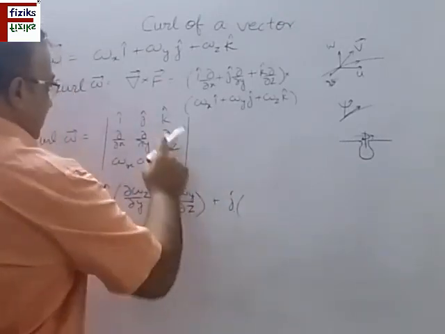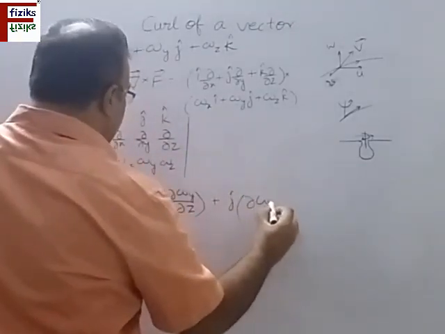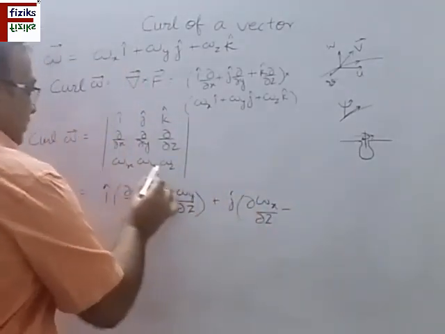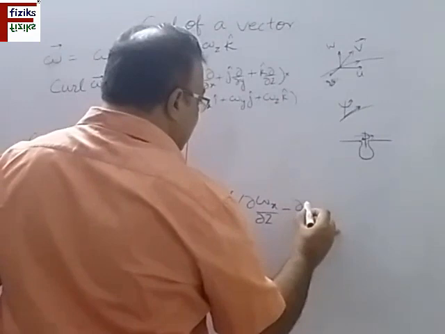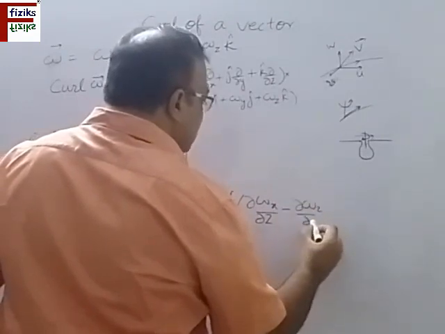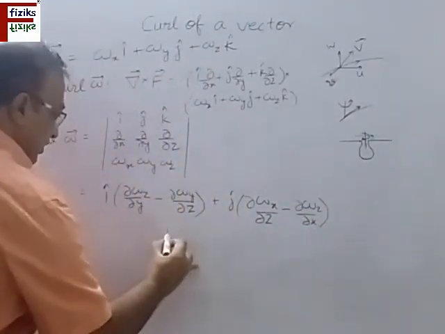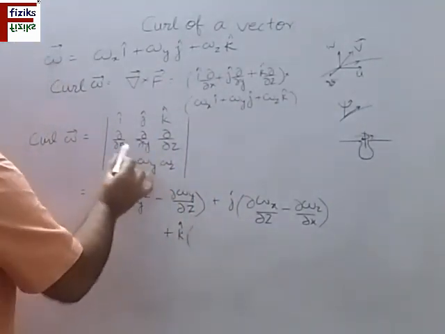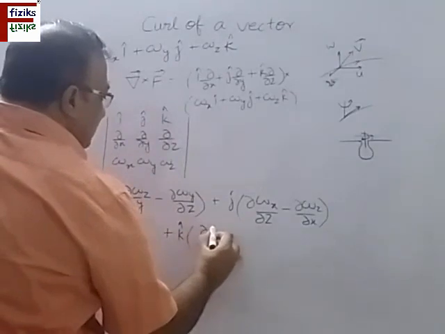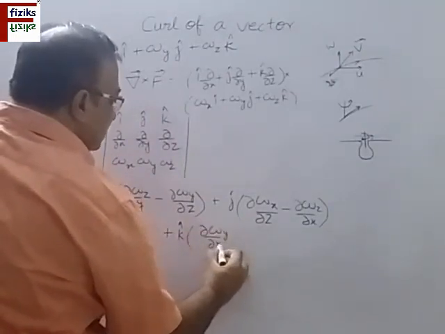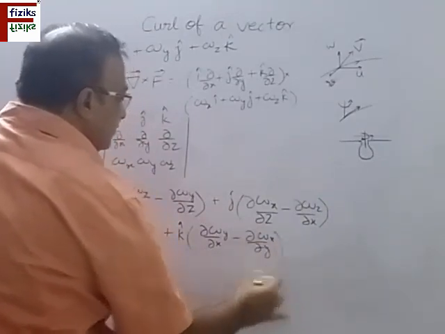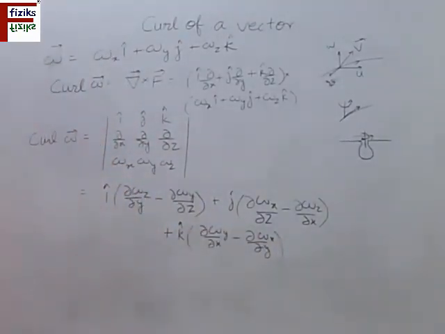So if I write plus, I can write del omega x by del z minus del omega z by del x, and the third term is k into del omega y by del x minus del omega x by del y. So this is the expression for curl of a vector field.